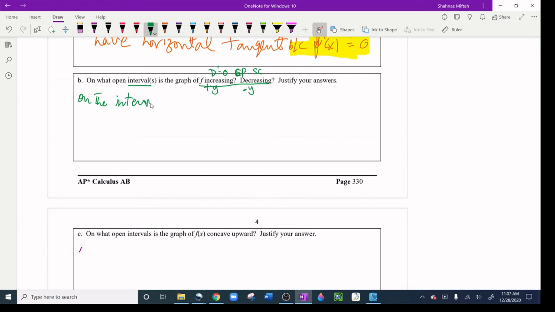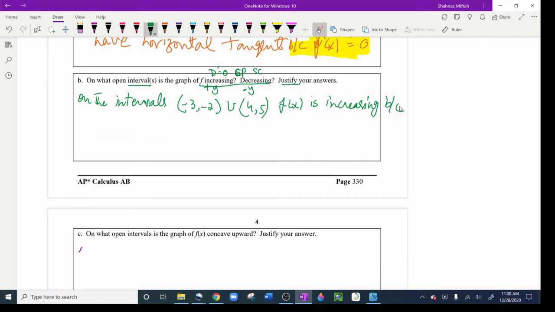And then the graph of f of x is increasing, because I'm just going to justify each one of them separately. So because f prime x is greater than 0, then I'm going to say on the intervals, now the interval is the one below the x-axis, all the negative y values.